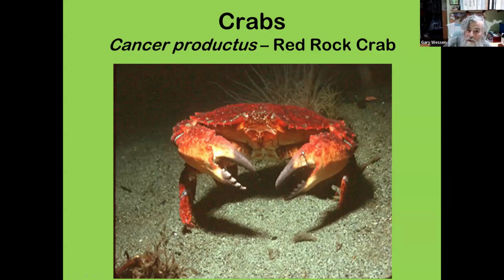These can be recovered in shell midden deposits and keyed to species on the basis of just these dense hard parts. That's about the only part you're really going to see in a shell midden that is identifiable to taxa.